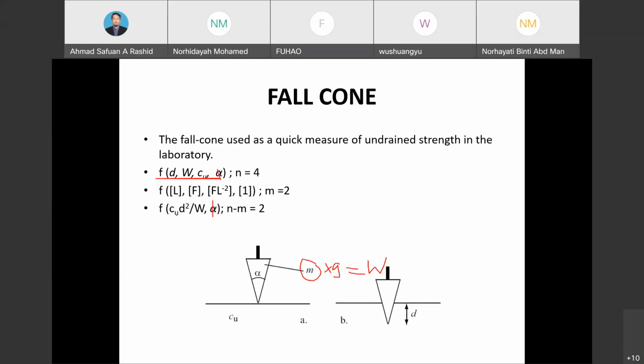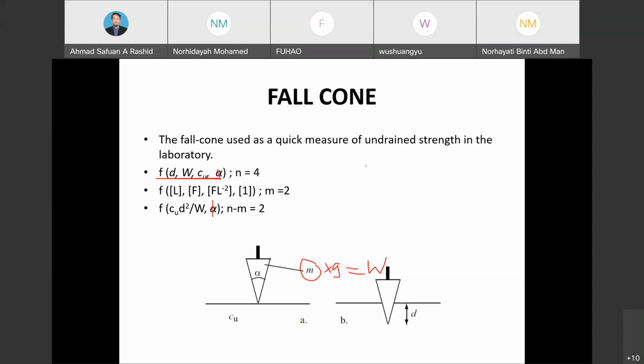It looks very simple, but it has a very significant contribution. This approach has been used by Wood and Rowe from Oxford, and I also used this approach when I did my master project, where I wanted to use the fall cone method to determine the plastic limit of the soil.